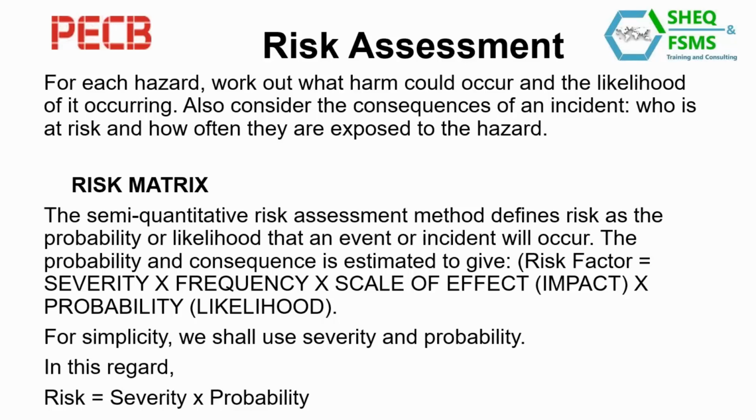The probability and consequence is estimated to give a risk factor, which is a product of severity, frequency, scale of effect or impact, probability or likelihood. For simplicity, we shall use severity and probability. In this regard, risk equals severity times probability.